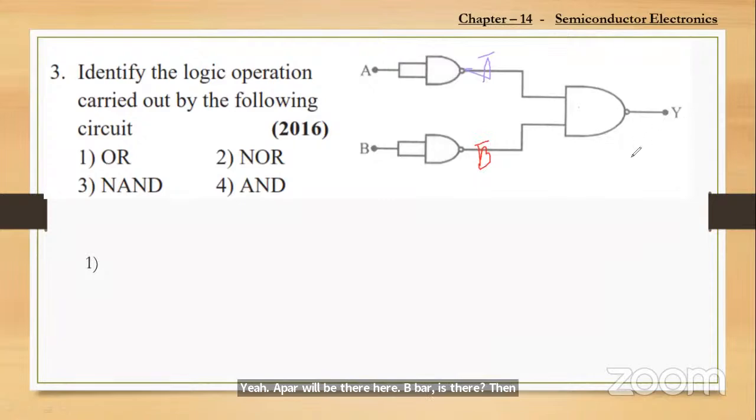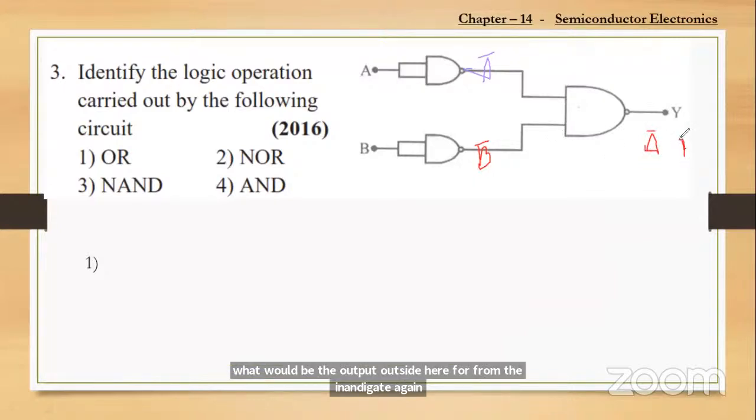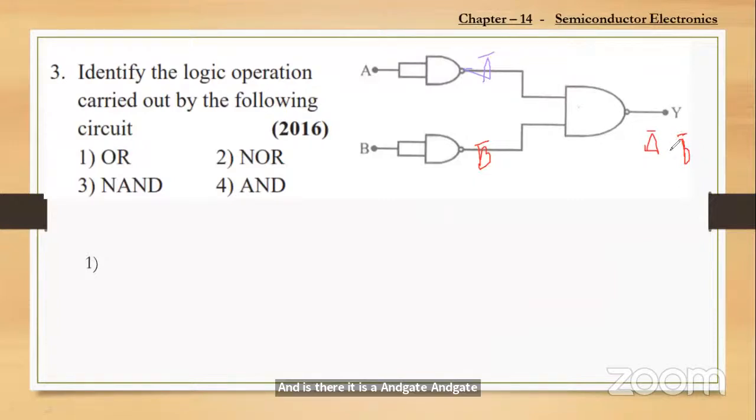Here from the NAND gate again, A bar is there and B bar is there. It is an AND gate. AND gate means we will observe that there will be a dot, and it is NAND. NOT is applied, so that's why whole NOT is there. So here is De Morgan's theorem, where you are going to understand De Morgan's theorem.